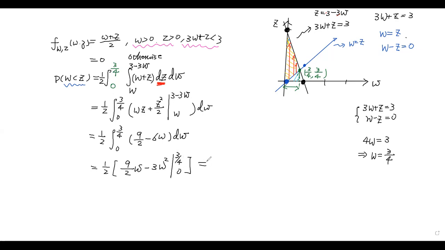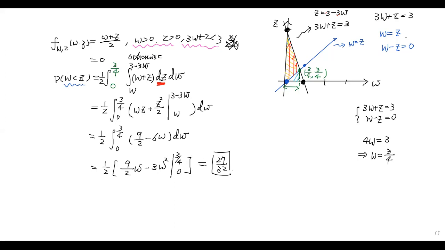Then you substitute, and your final answer is 27 over 32. So it's pretty easy. Like I said, the key thing here is you need to know how to graph the domains. Then under the domain, you need to graph your function to see what your bounds are. Then just use the typical integrations, and that's it.